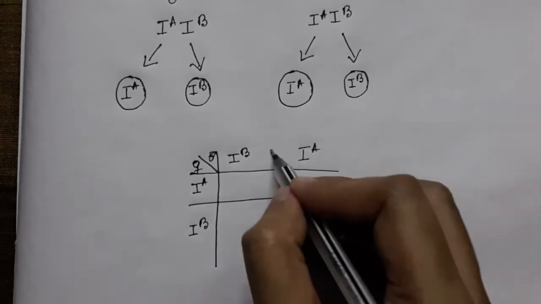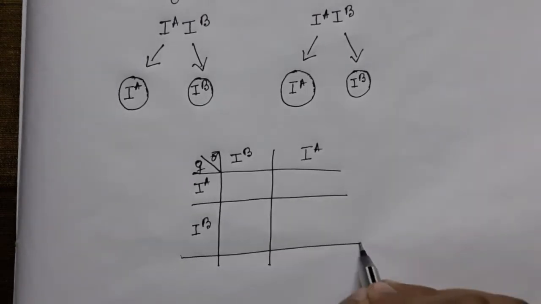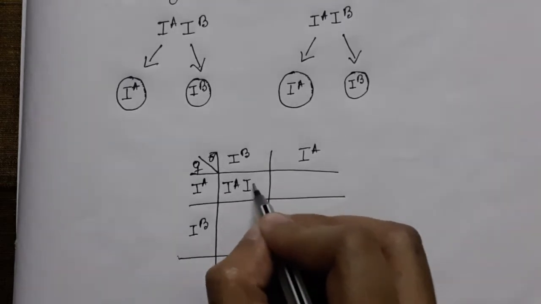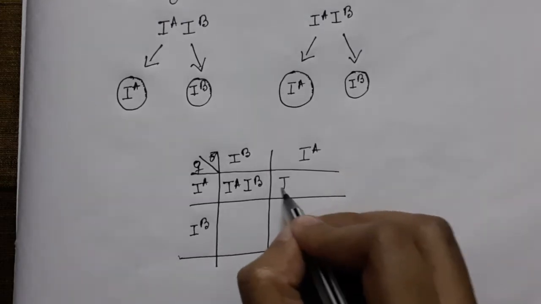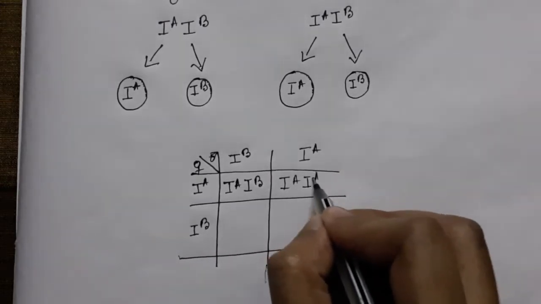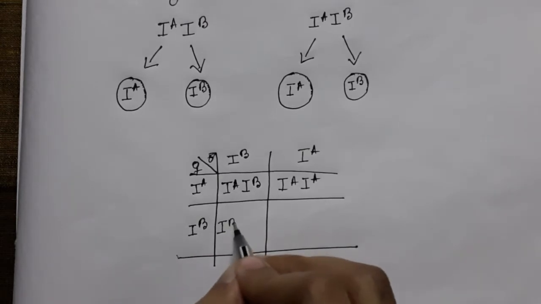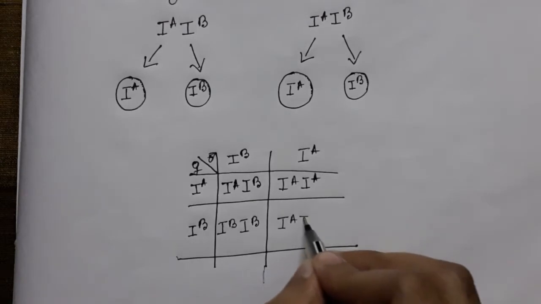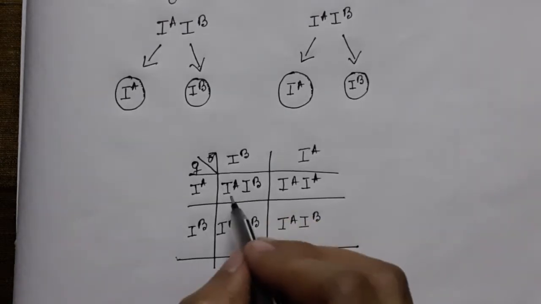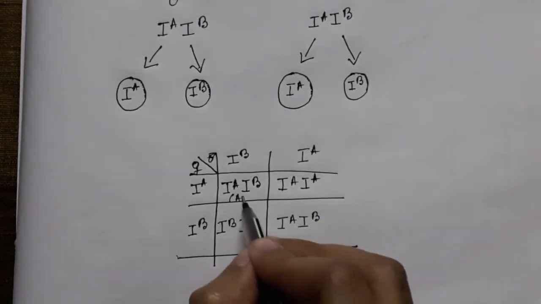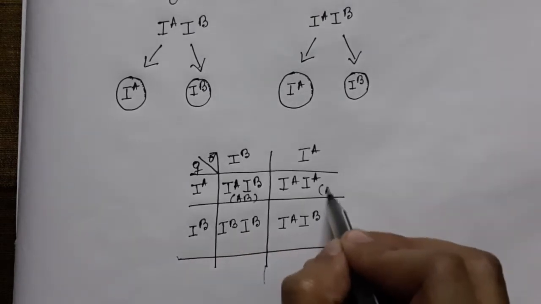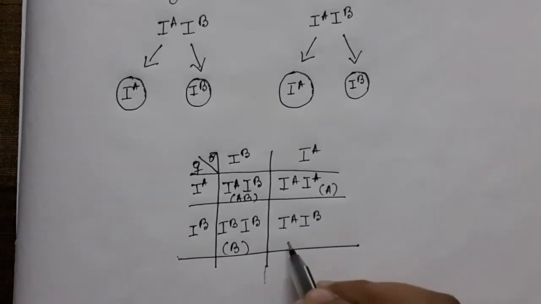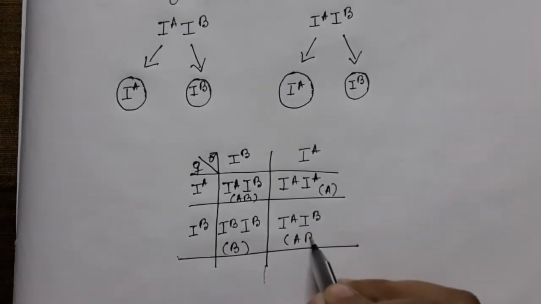Now, their offspring will have IA IB, IA IA, IB IB, and IA IB. This denotes AB blood group. This denotes A blood group. This denotes B blood group. And this denotes again AB blood group.